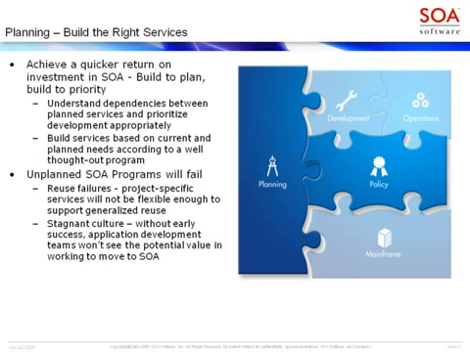Planning really needs to focus on how I achieve a quicker return on my SOA investment. There are two perspectives here that we need to look at, what we refer to as build to plan and build to priority. Build to plan is, if you think about traditional EA concepts, the top-down or to-be perspective that the organization is mapping out. At the end of our initiative, where do I want to be?